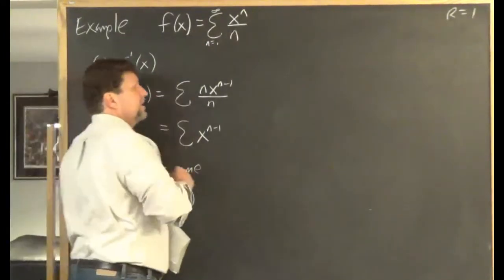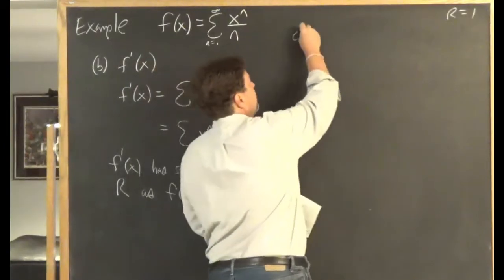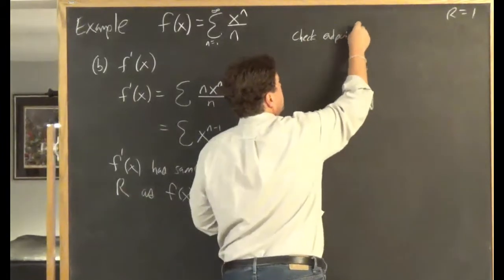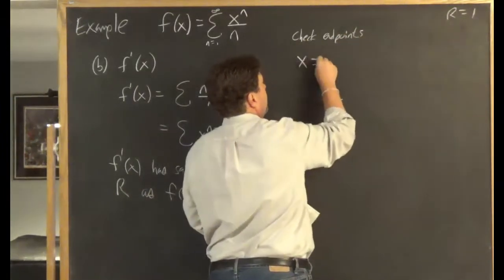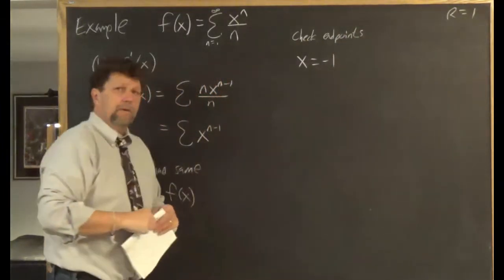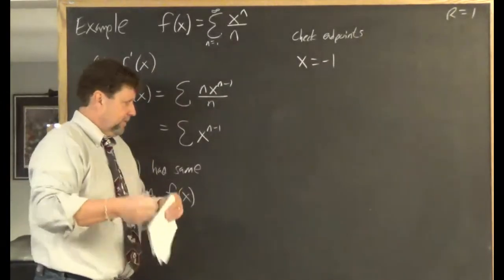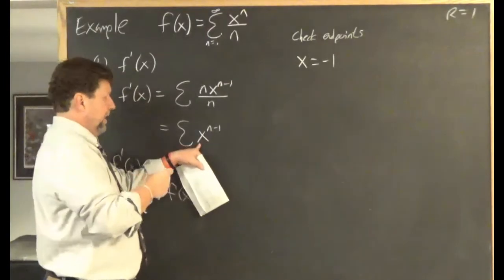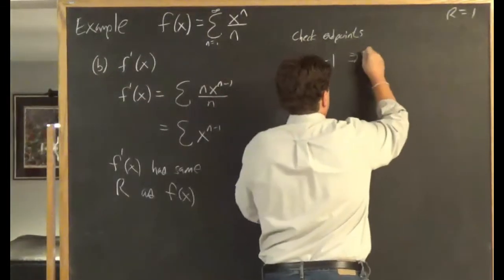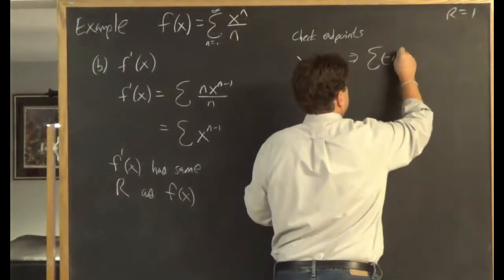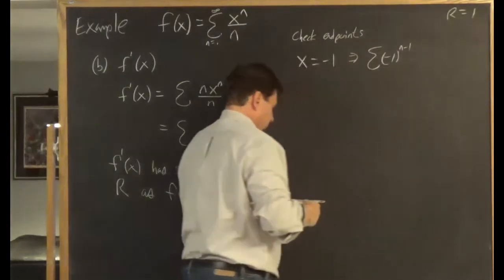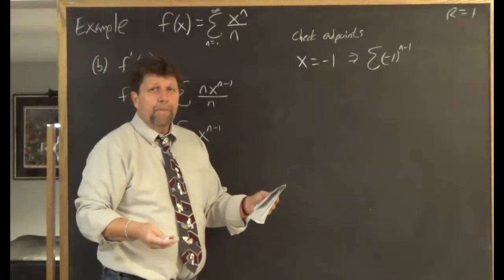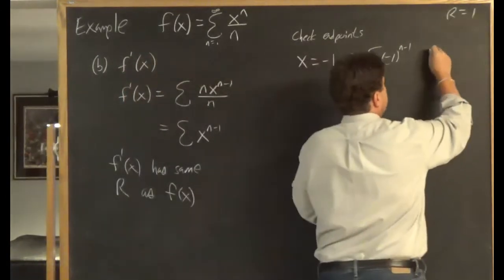It's centered at 0, so you just need to check the endpoints. You need to check x equals -1. So you put -1 into the derivative, the x to the n minus 1, put -1 in there. That gives you the series -1 to the n minus 1. Folks, that diverges. Fails the nth term test.